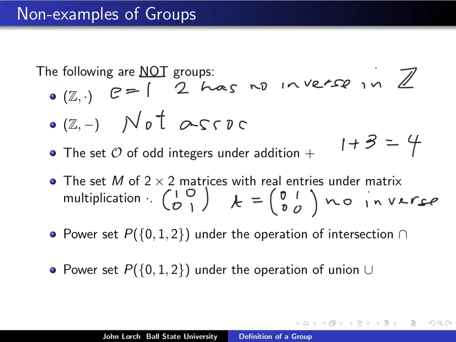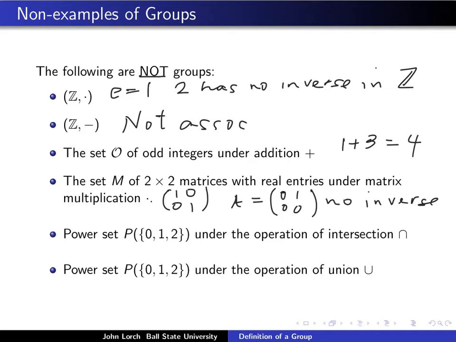Okay, moving on to even more obscure things. We were talking earlier about the power set being a group under the operation of symmetric difference. And you might be thinking to yourself, well, why do we have to have an operation that's as complicated as symmetric difference? Why couldn't we use an operation that we're familiar with on sets like intersection or union?